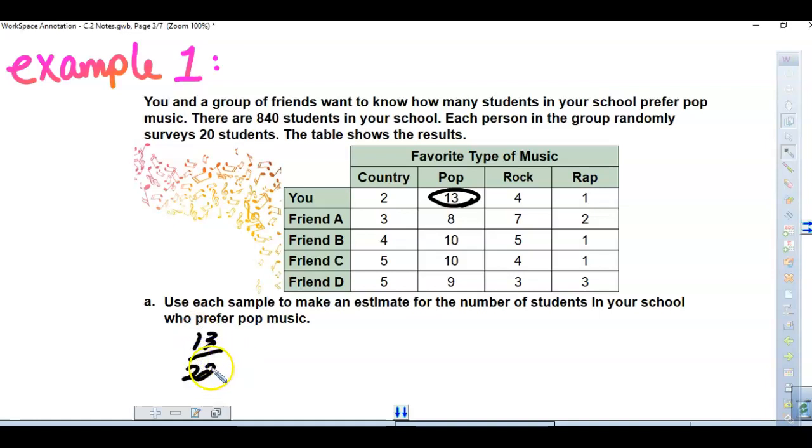Okay, and what are we going to do with that? Times it by? How many students are there? 840. That's how many we want to predict for, right? Okay, we want to guess how many out of the 840 students like pop. Okay, so that is our math problem.